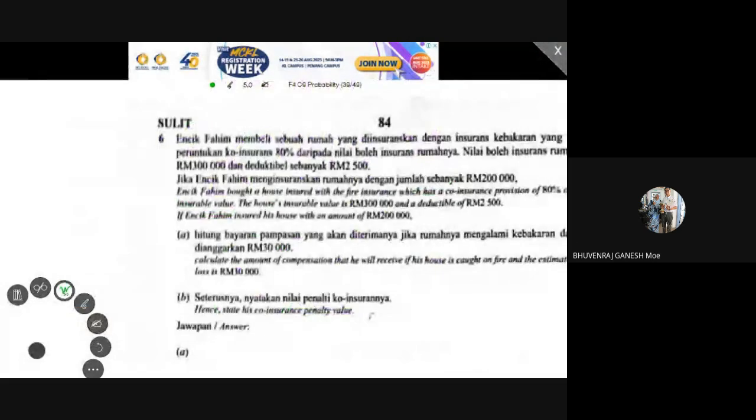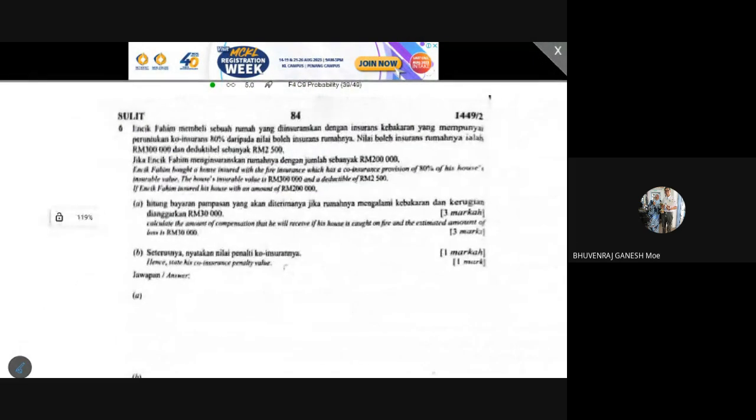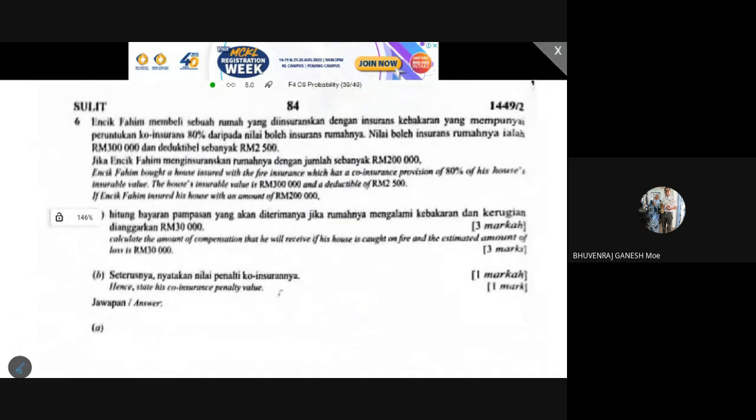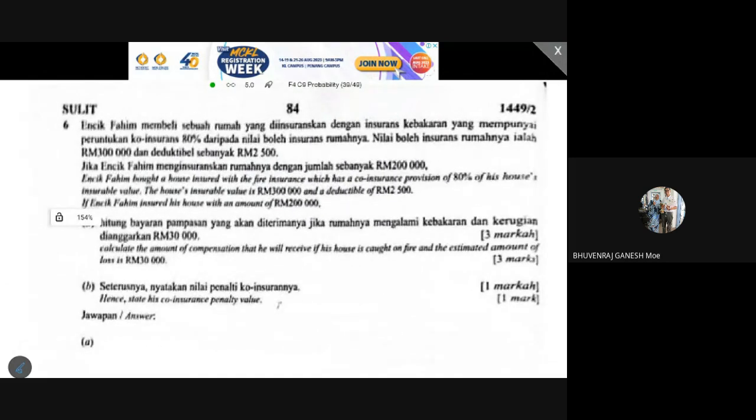So yang ni, which chapter, guys, from this question? If you see here, tingkatan berapa this one? Yang ni topik yang kamu tak suka kot, this chapter. Chapter 3 Form 5. Siapa tak suka bab ni?